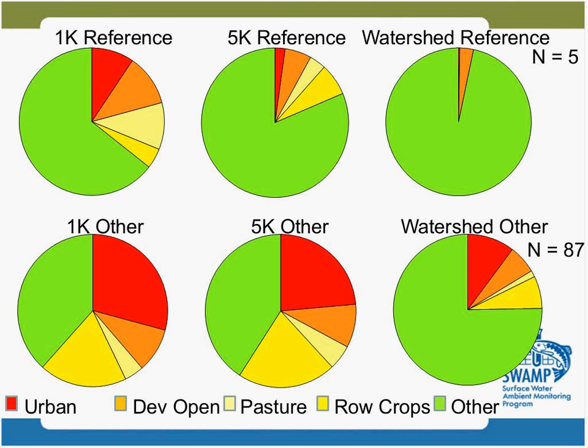You can see in the reference sites in the whole watershed, most of them are other, and it's basically not developed land. And the mixes vary depending on how far out you get from our integrator sites at the base of watersheds.